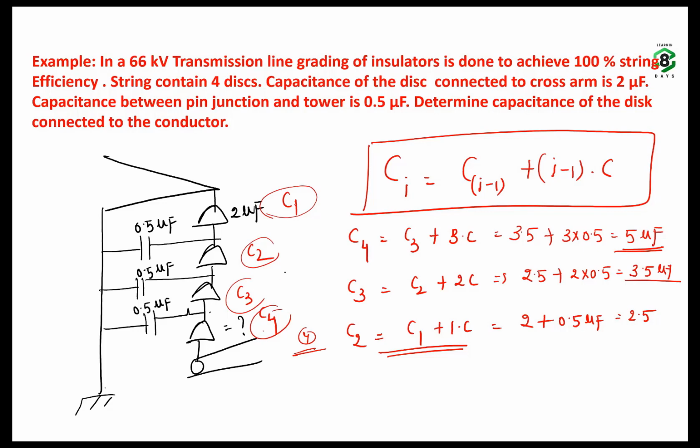This may fail tomorrow, or after 20 years. But whatever money I have spent is dead capital. Had I used identical discs, instead of buying 4 spares, I would buy 1 spare and keep it with me. Whenever this spare is consumed, I will order a new spare. With this, I save a lot of cost.